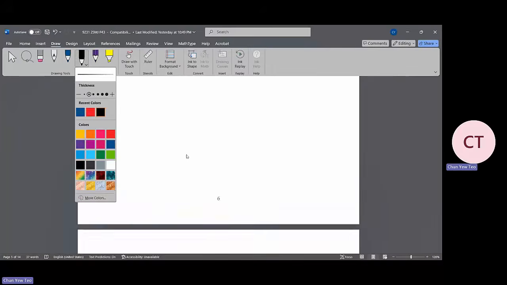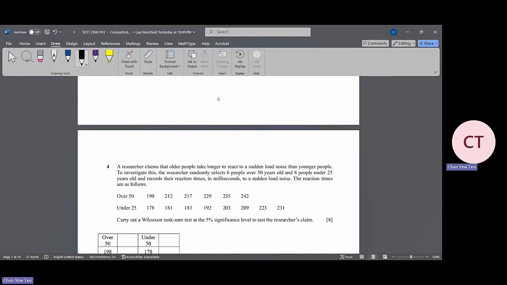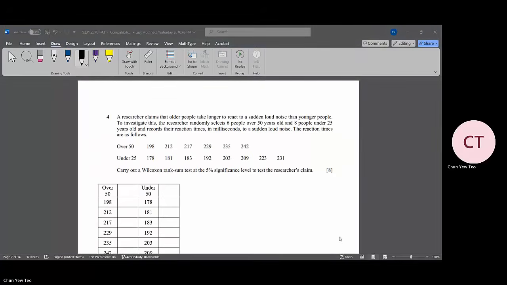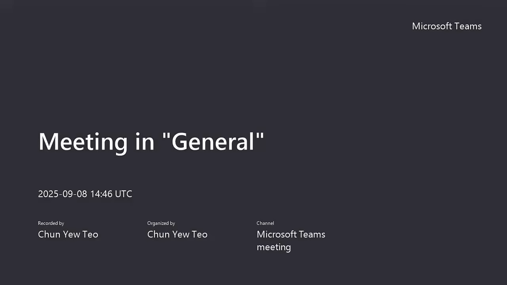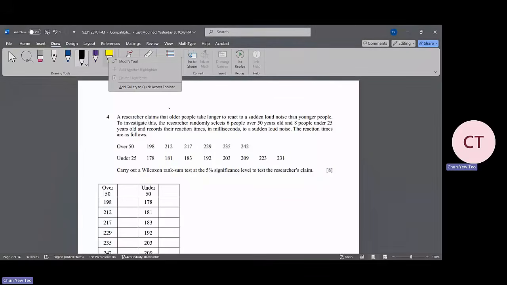So now we move on to question number 4. A researcher claims that older people take a longer time to react to a sudden loud noise than younger people.